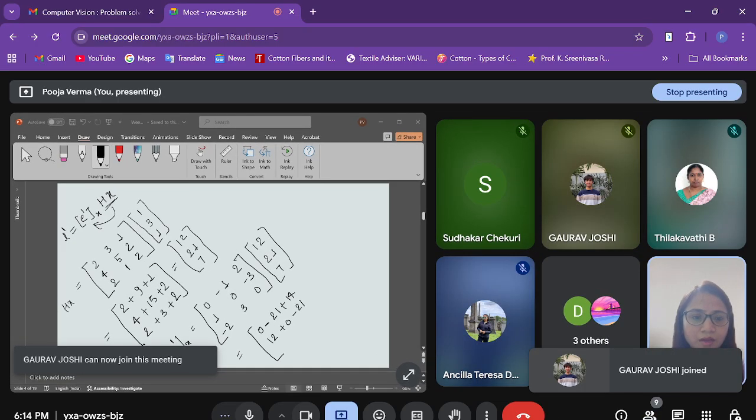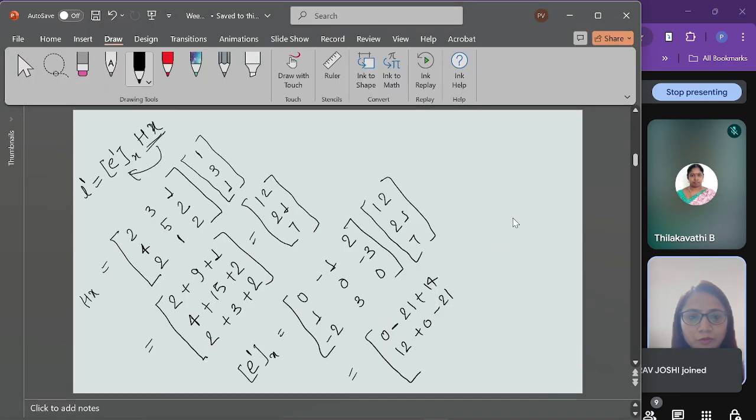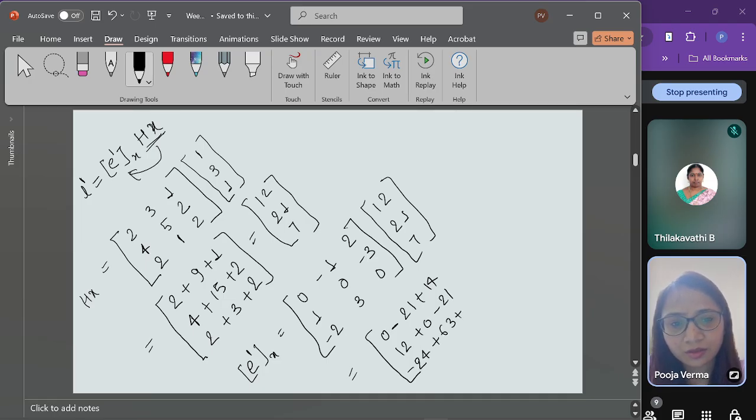Okay. Have you calculated? Any one of you? Okay, now next one is minus 24 plus 63 plus 0, right? Now further just add and divide it. You will get minus 7. Here minus 9. Here you will get 39.